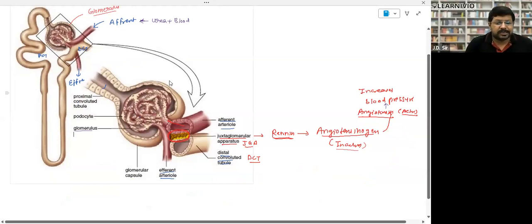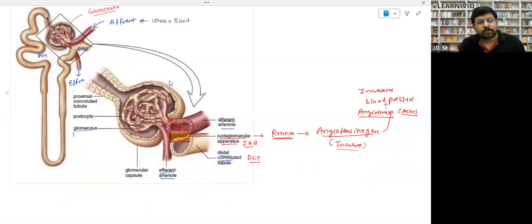There are some cells which have crystalline substance, and I have highlighted and encircled them in yellow. These cells are called the juxtaglomerular apparatus, JGA, right? They secrete renin, right?